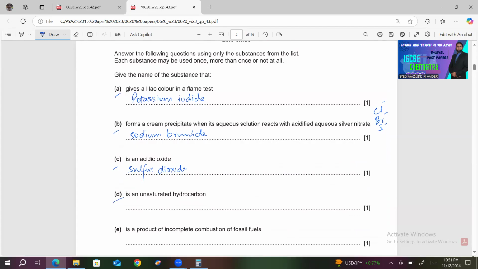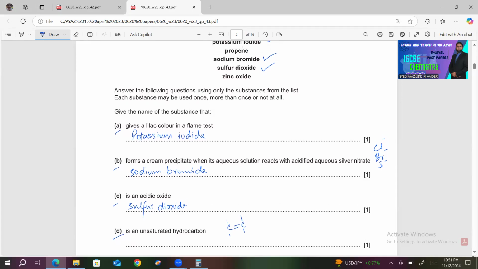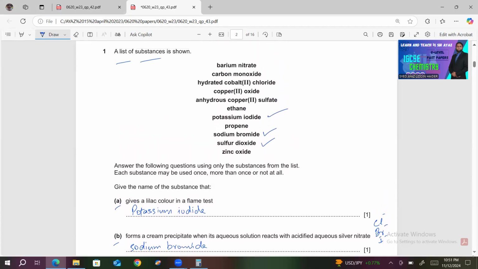D is an unsaturated hydrocarbon. Unsaturated hydrocarbon must contain carbon-carbon double bond. So if you look at the list, we have propene. Propene belongs to alkene, and alkenes are unsaturated.